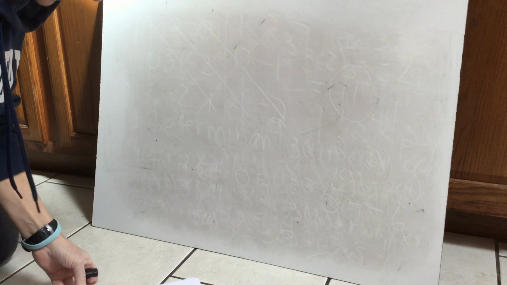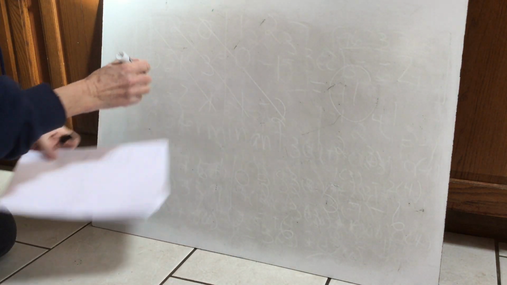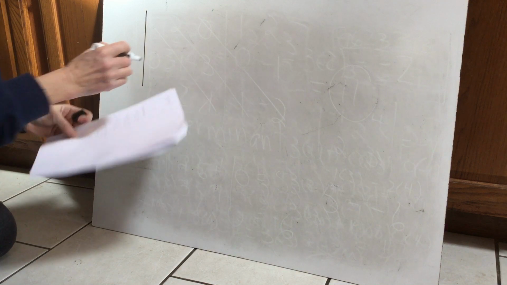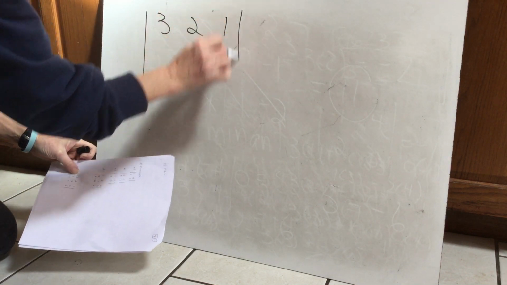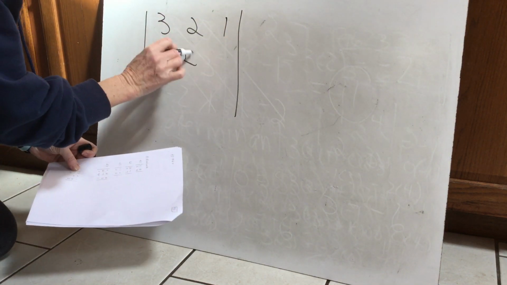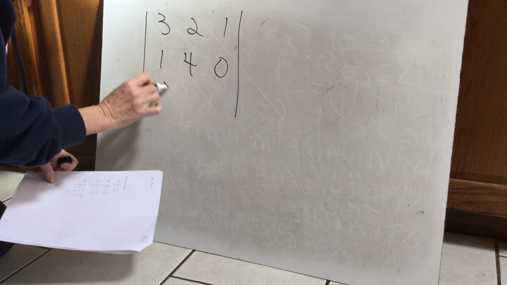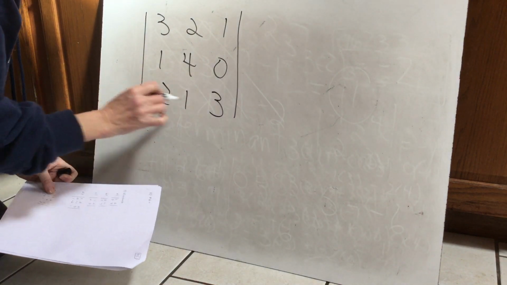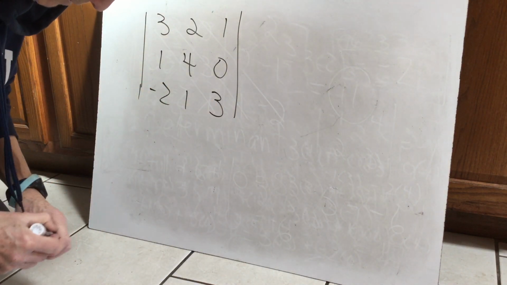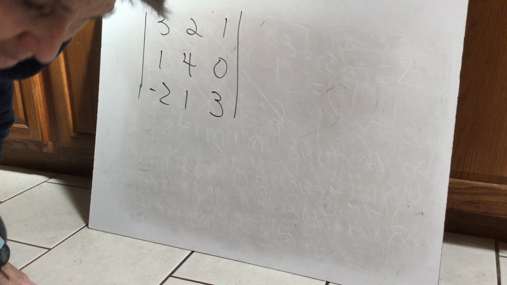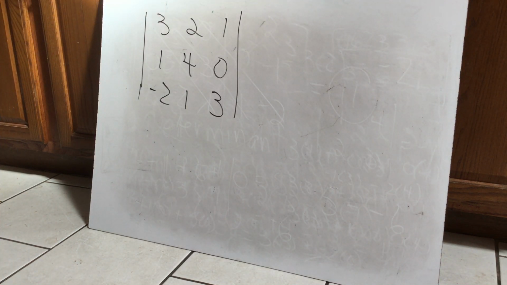So now we're doing E. I'm on problem 3E now. So I have 3, 2, 1, 1, 4, 0, and -2, 1, 3. Okay? We're going to evaluate this determinant. So look back at your notes. Think about what we just did.